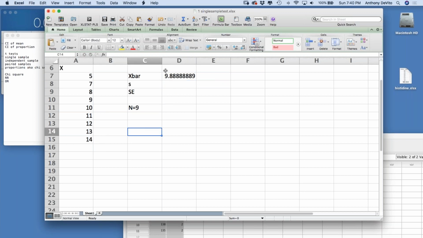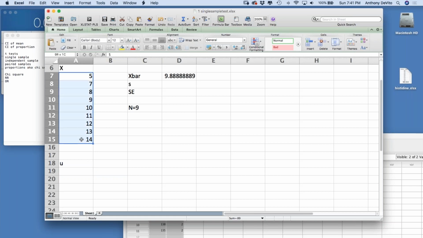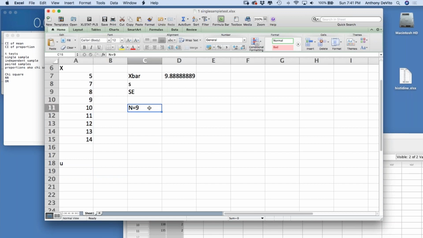I don't really care about X bar. I really care about mu. I want to know what the population mean is. In order to know that, I would have to sample the entire population. I only have the resources to randomly sample 9 people out of that population, so the best I can do is X bar, the mean of that sample.